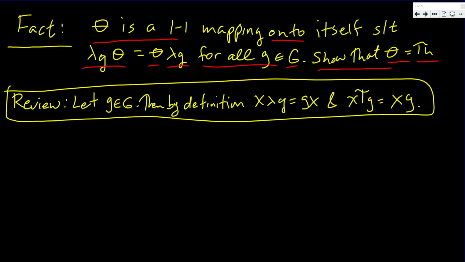Well, two reasonable questions if you're not really up on this material. What is lambda sub g and what is the mapping tau sub h?